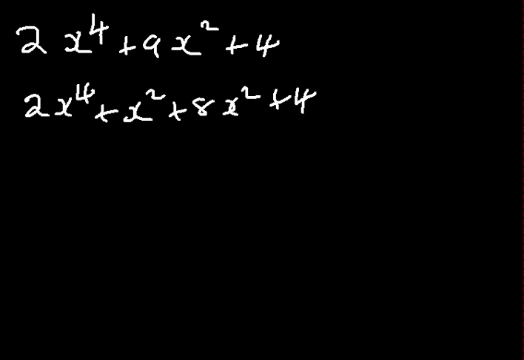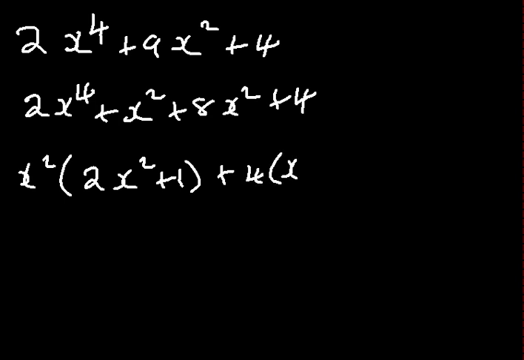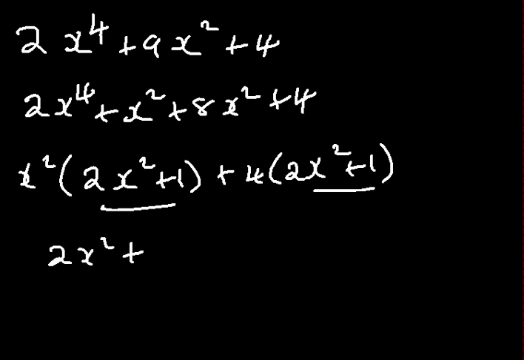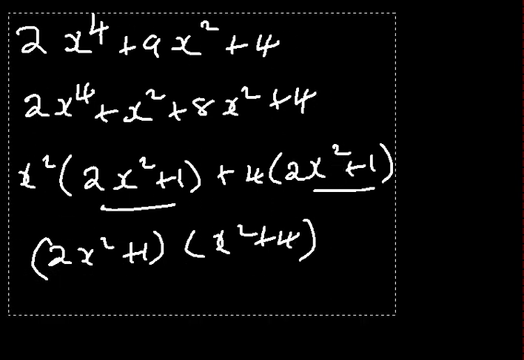That gives x to the power 2 times 2x to the power 2 plus 1, plus 4 times 2x to the power 2 plus 1. Now we have the common factor there. So we have 2x to the power 2 plus 1 times x squared plus 4. That's how you have to understand that.